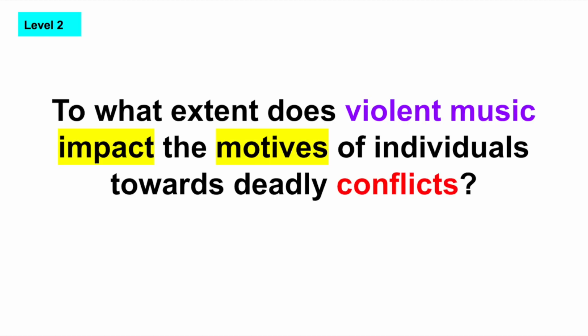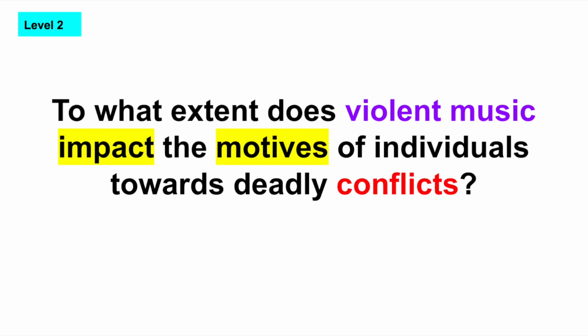Here's one more example of a level 2 driving question, and this again comes from last year. To what extent does violent music impact the motives of individuals towards deadly conflicts? The group of guys who did this project last year were really interested in people who committed crimes against others, especially violent crimes, murders, even mass shootings.